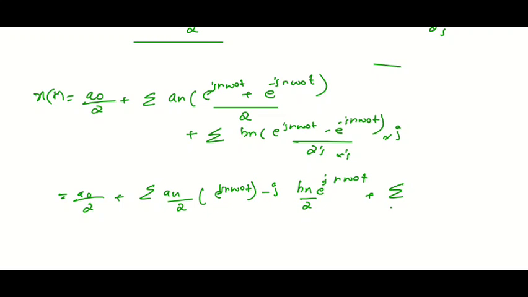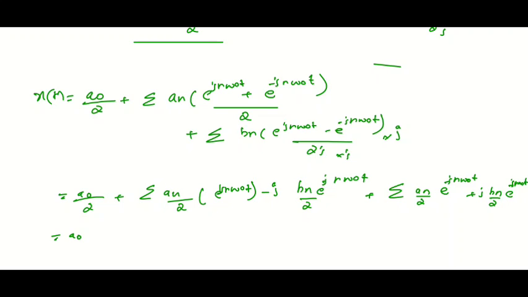Again, sigma a n divided by 2 e raised to minus j n omega 0 t plus j into b n divided by 2 e raised to minus j n omega 0 t. Okay.